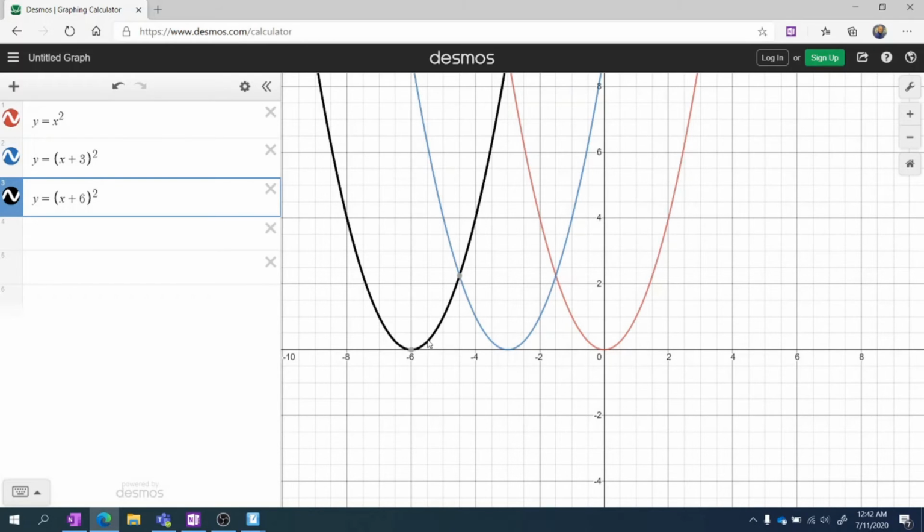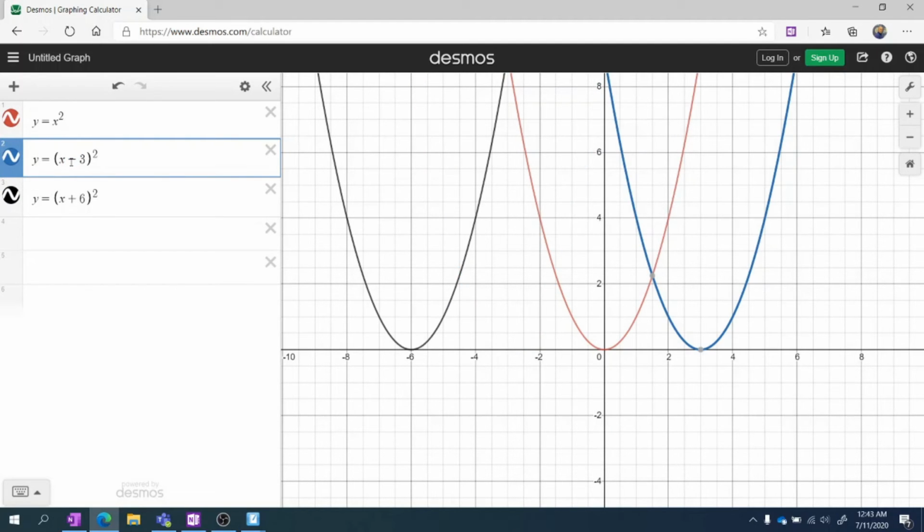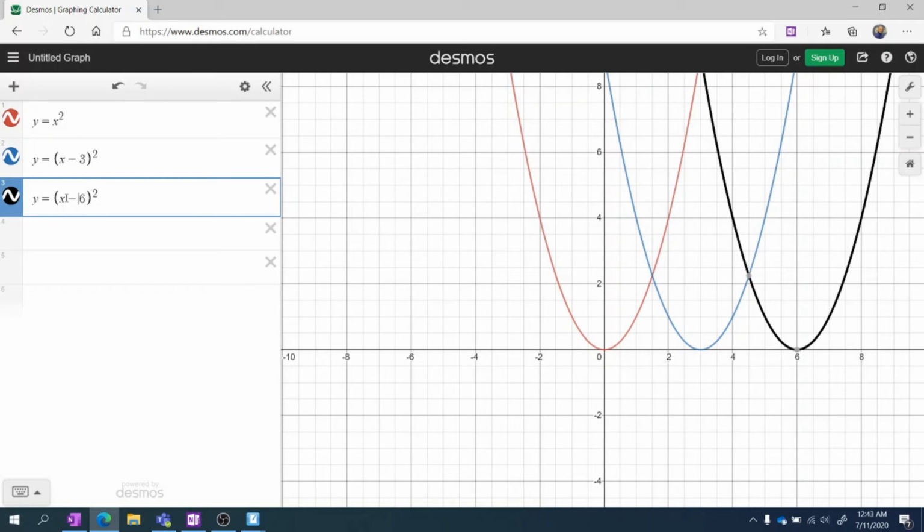Well, it appears then that to make it go left, you put a plus 6 in the brackets and you square it. What do you think I would have to do in order to make it move to the right? Well, we're pretty clever minds in the course. I think if we switch that to a minus, it'll go the other way.